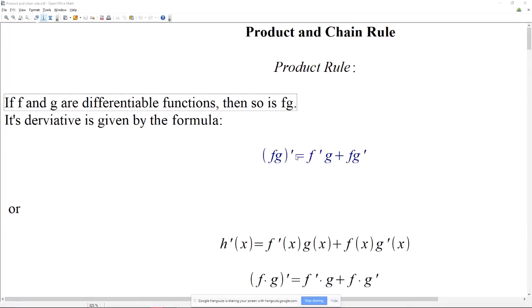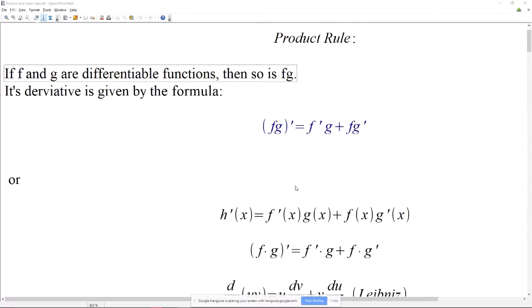That means prime, or derivative. So the first term is going to be the derivative of the first function times the second function, plus the first function times the derivative of the second function. So I just set it up fg, fg, fg, and then I just put the little primes in. The other ways of doing it are writing it like this.